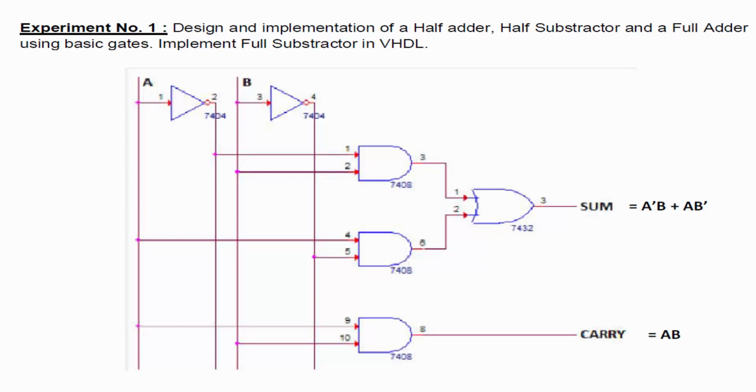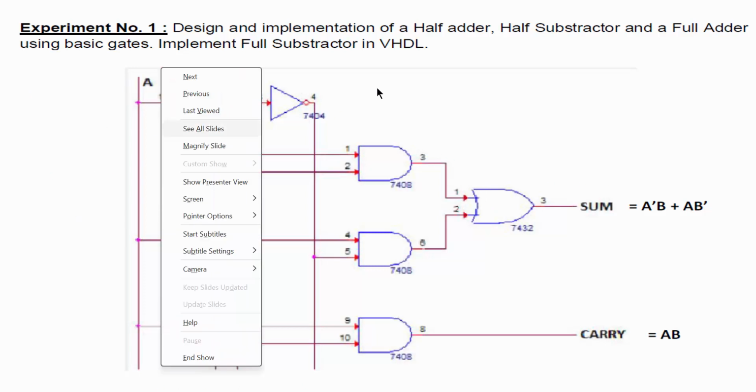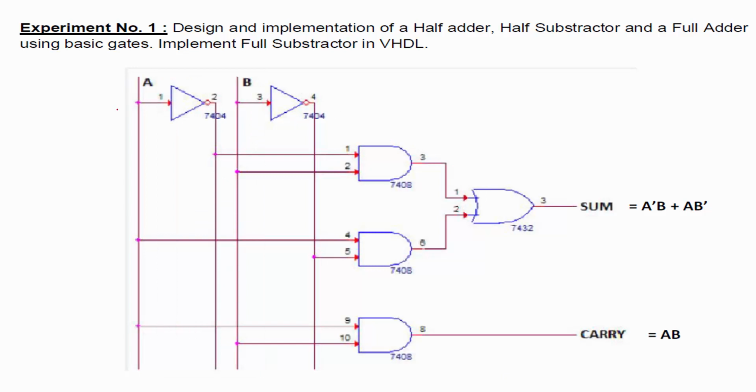So you need to practice, or you need to mark this circuit exactly like this. Then it will be easy for you to connect this kind of complex circuit without making any error. That means you need to mark this gate with the IC number properly, and also you need to mark the input output ports of your ICs properly in this diagram.